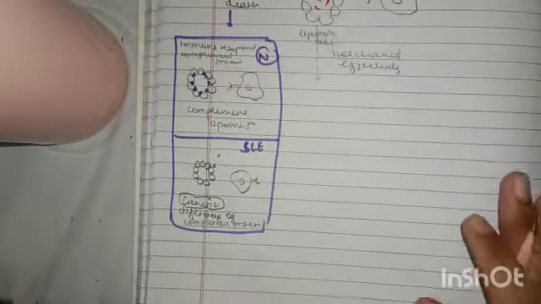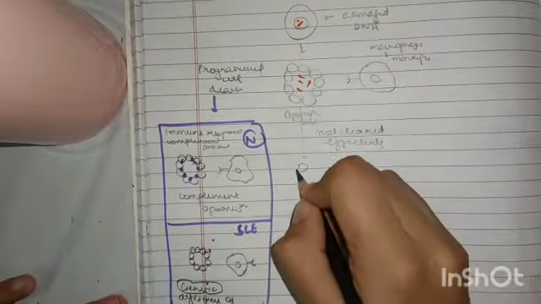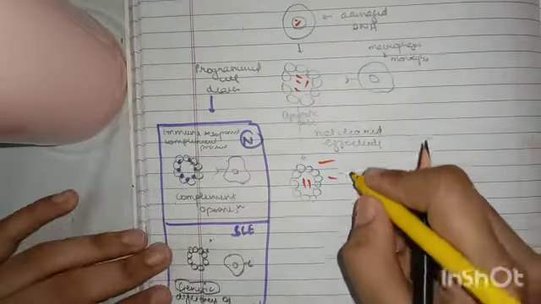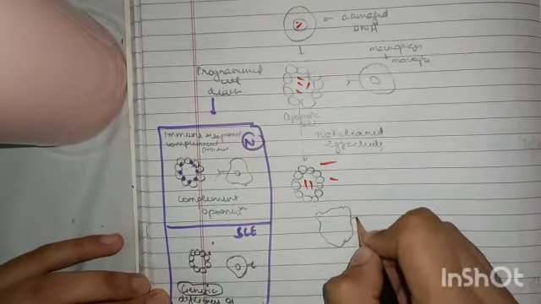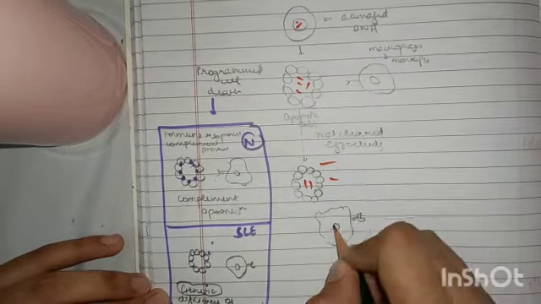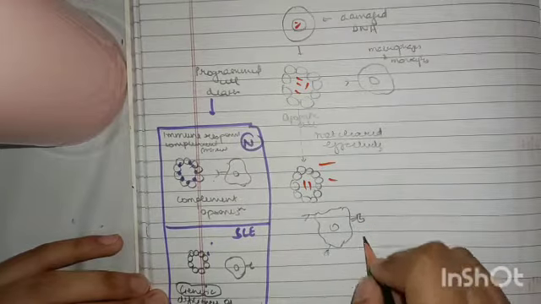Now the cell is not cleared effectively. The nuclear proteins, basically the DNA, will start coming out. And the antigen presenting cell is going to act as if it is immature, an immature APC.